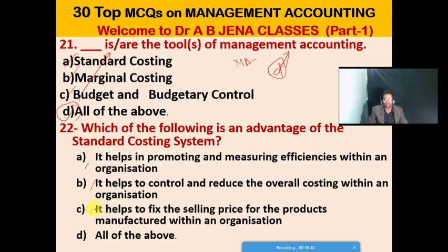C, it helps to fix the selling price for the product manufactured within an organization. D, all the above. Friends, D is the right option for this MCQ. A, B, C are the advantages of the standard costing system.